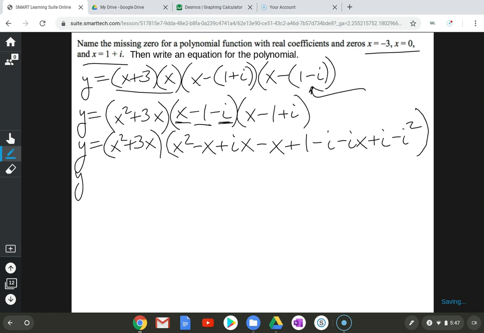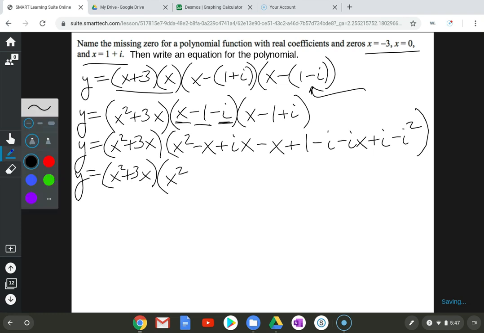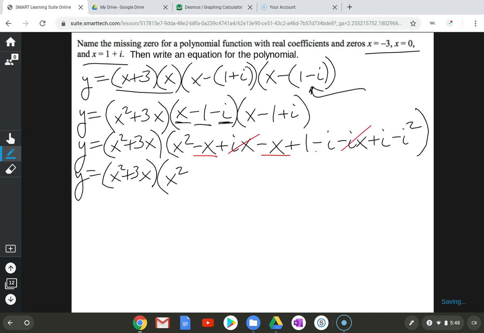All right, if we combine our like terms, we get x squared minus x. Notice this plus ix and minus ix, those are gone. Minus i plus i, those are gone.